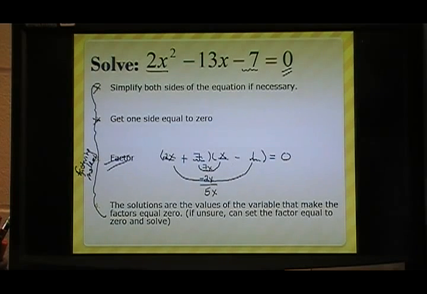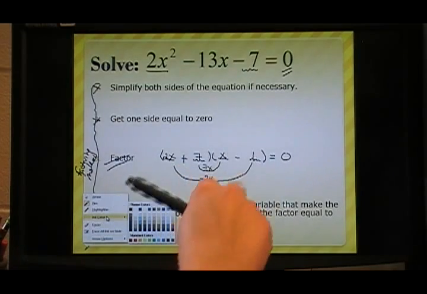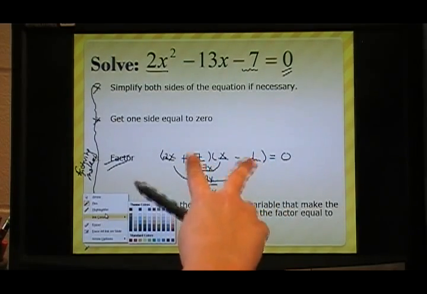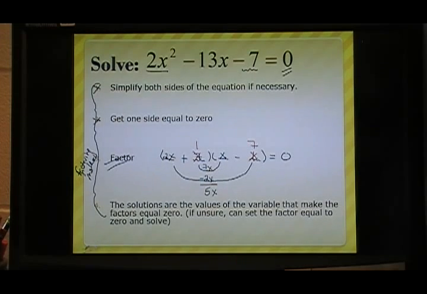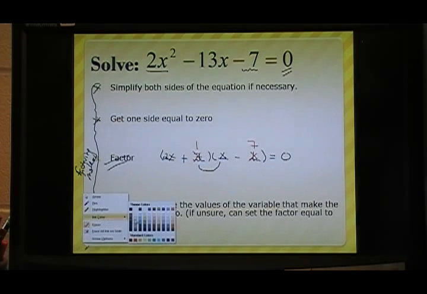So if it doesn't work, then I just take these two numbers and I switch them around to see if it works in the other way instead. So I'm going to put the 1 here, and I'm going to put the 7 here, and then I'm going to recheck to see if I get the correct value for my inner plus outer.